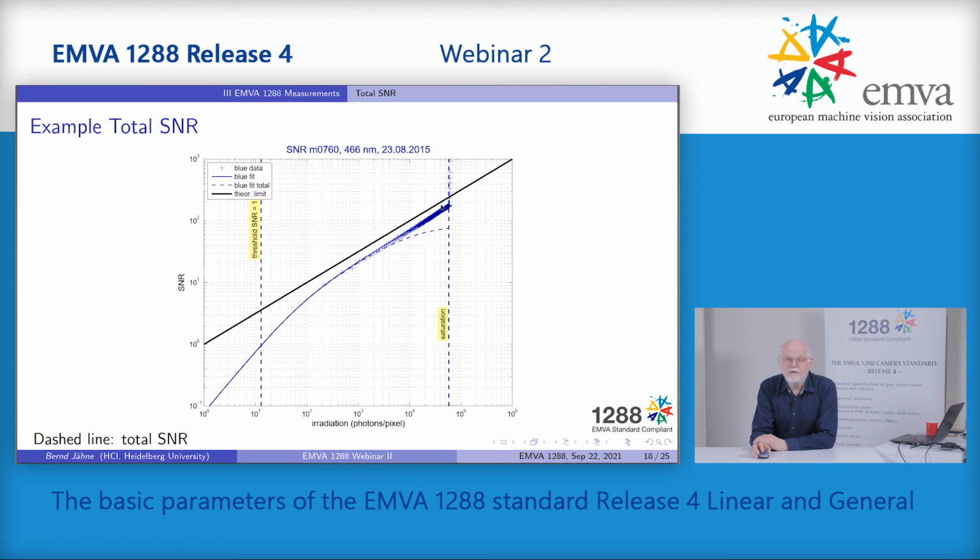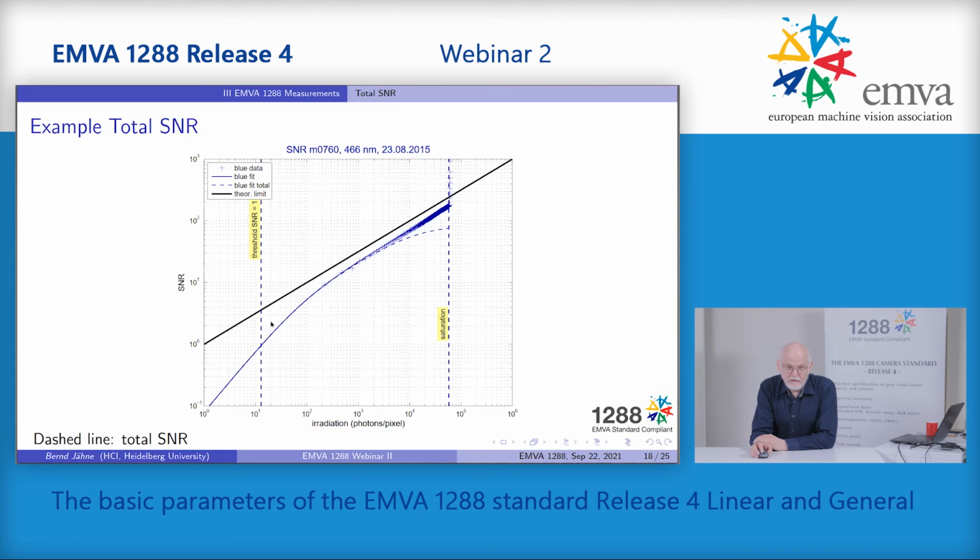So that is the best possible thing that you can get. Here you see then all the measuring points, and then you see the real camera has a little bit lower SNR, but first it runs parallel, and then only in the very dark it gets steeper, and that comes from the dark noise.